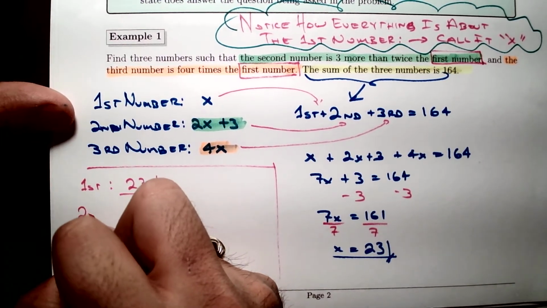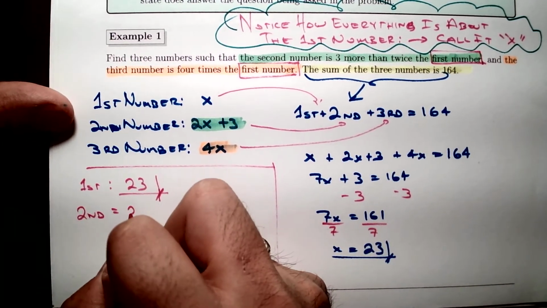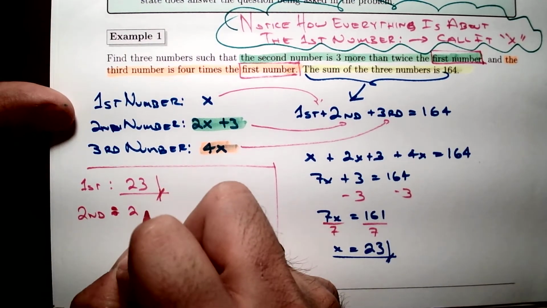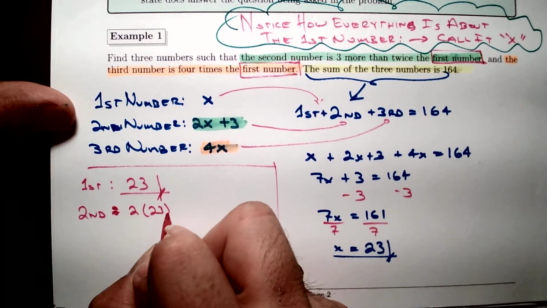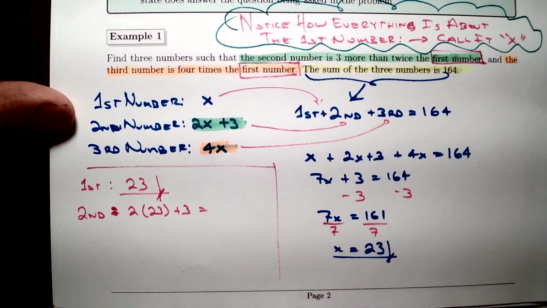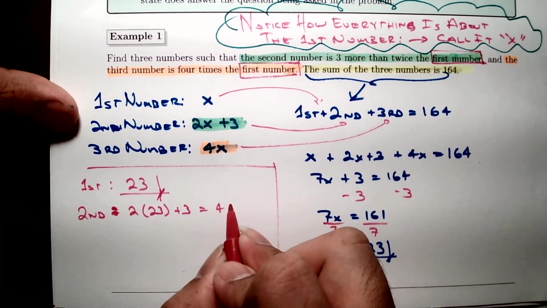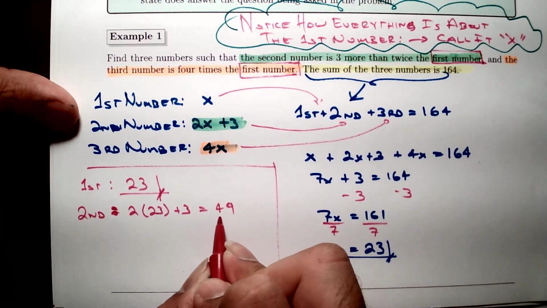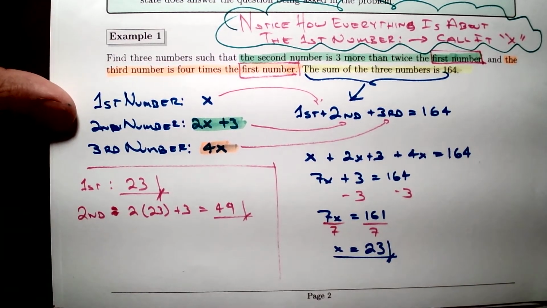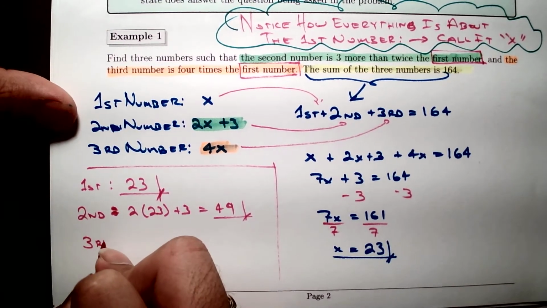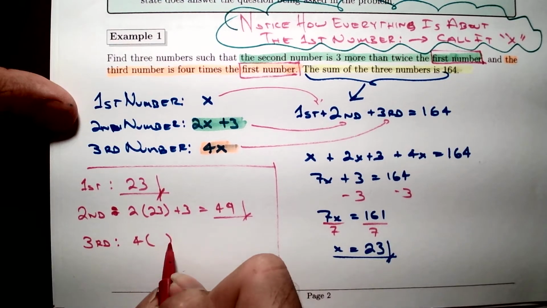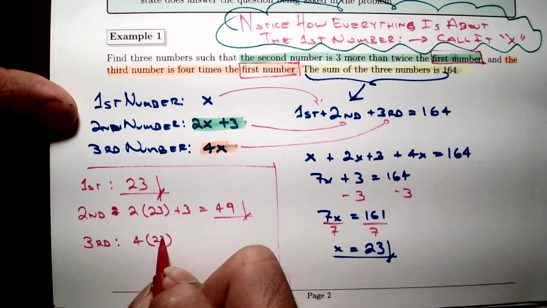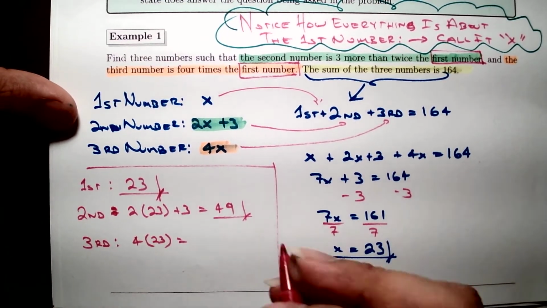The second number is 2 times x, which in this case is 23, plus 3, which equals 49. That's the second number. And the third one is simple: 4 times x, but x again is 23. That's going to give us 92.